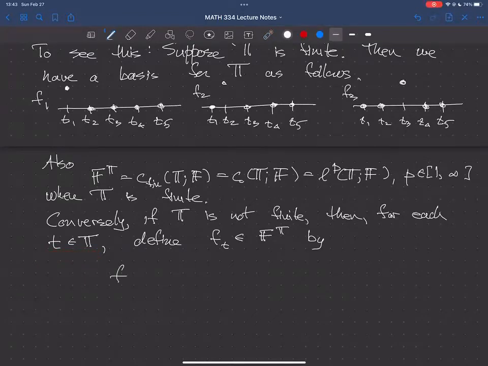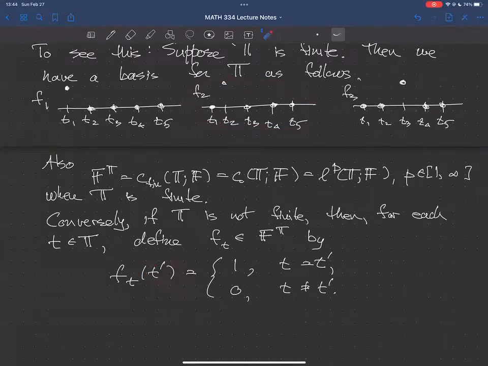So F sub t evaluated at some t prime is going to be 1 when t is equal to t prime and 0 otherwise. Okay, so it's just one of these, right? So at t, it takes the value 1, and everywhere else, every other t prime, it takes the value 0.